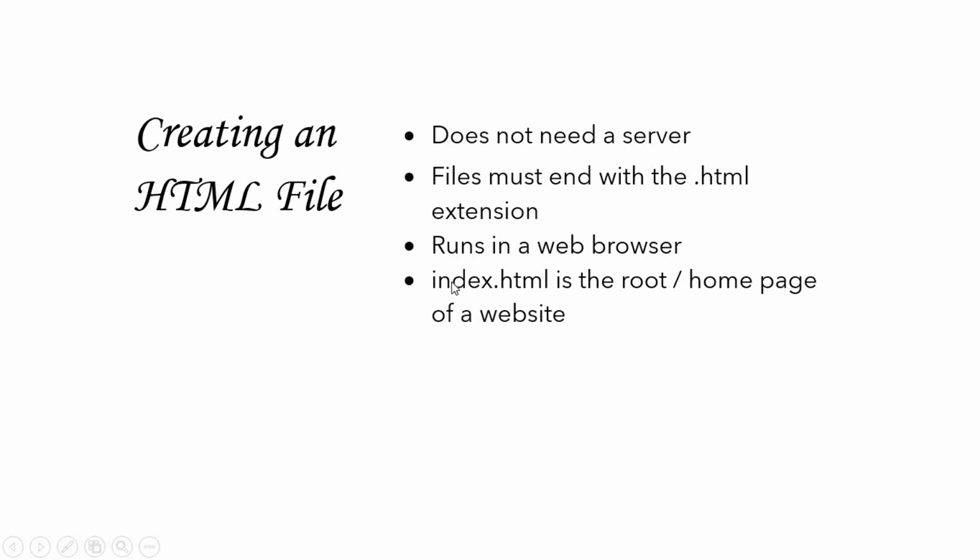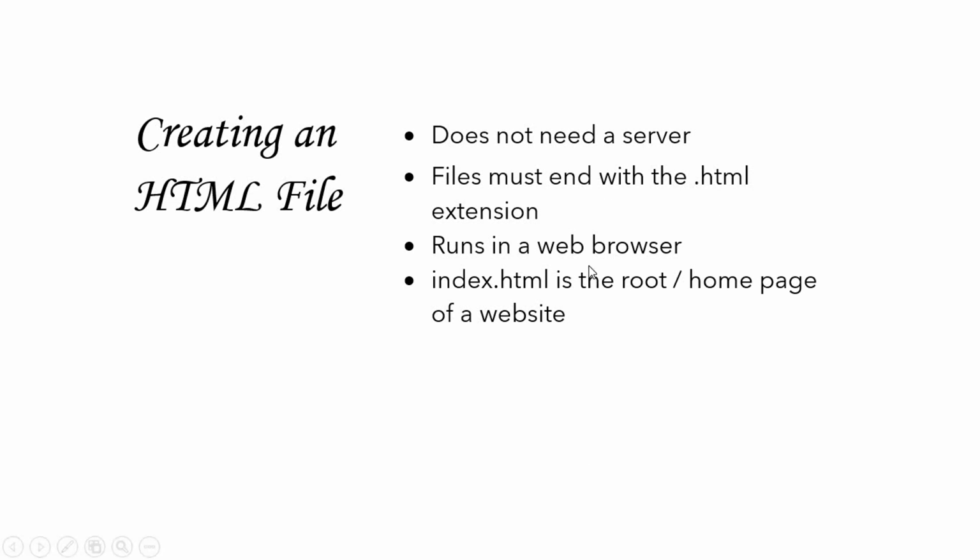Our first file will be called index.html, which is also the root or home page of our website. If you name a file index, it will be the first to be opened as a home page. The server already knows what to do, so when it encounters index, it just opens it as the home page.